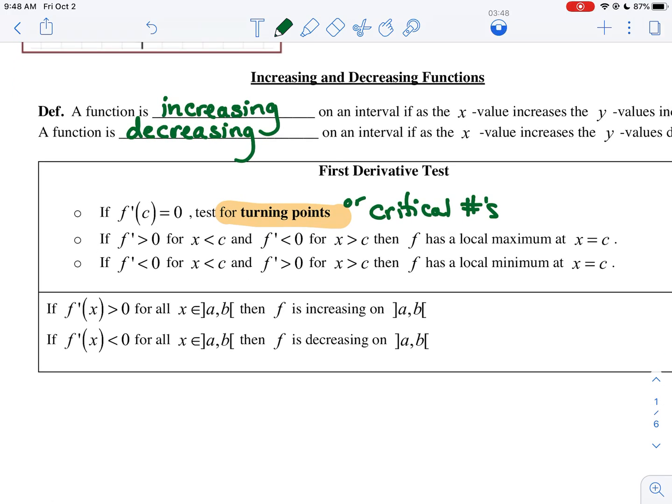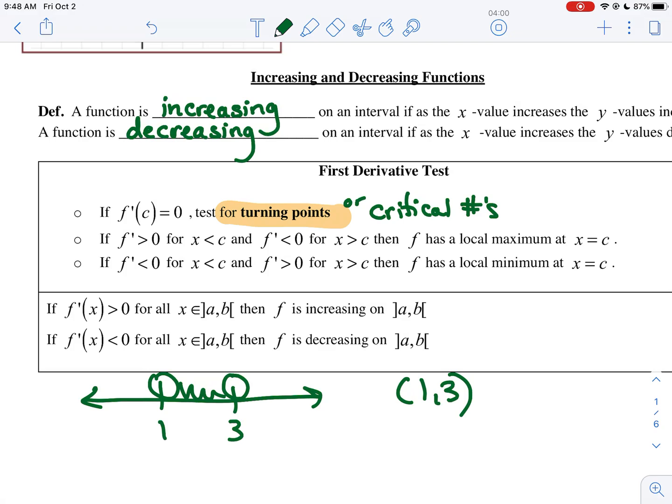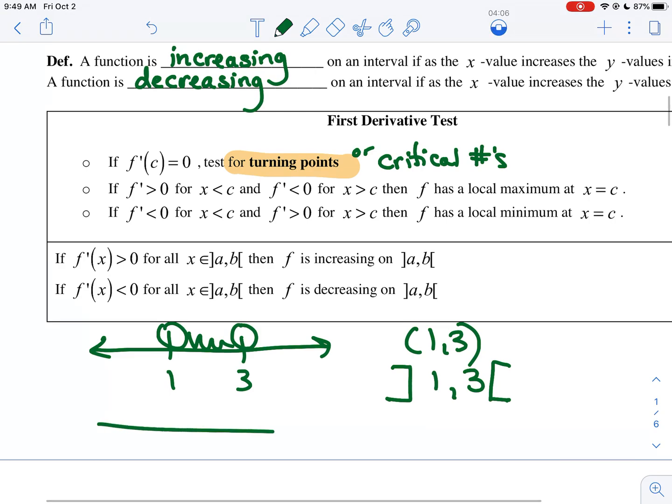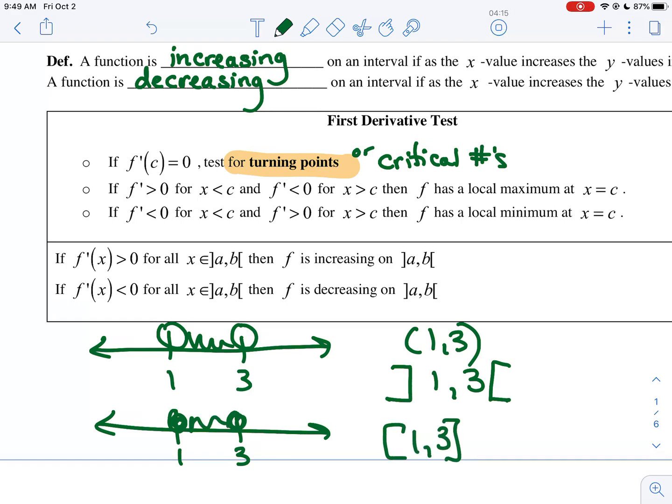Something I need to tell you about with the IB world is that if I had 1 to 3, we typically wrote that in interval notation like this. What IB does is they do a backwards bracket, because if this had been 1 to 3, it would have done like this, bracket 1 to 3.